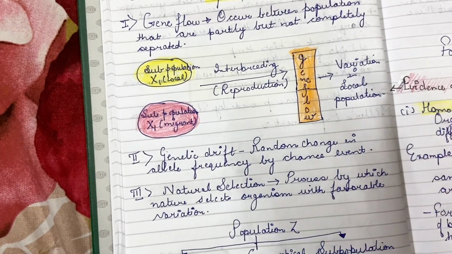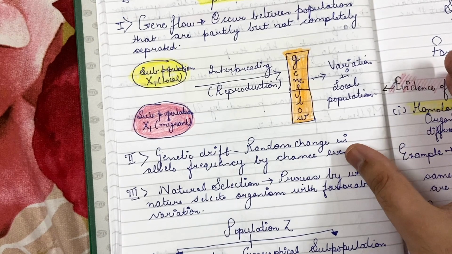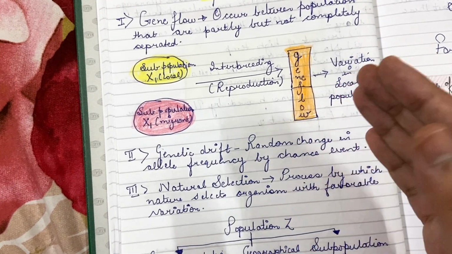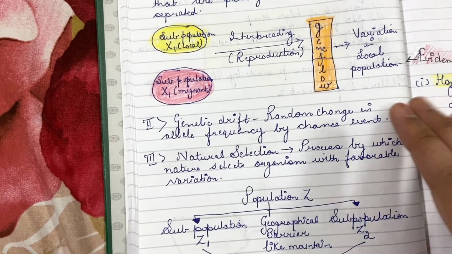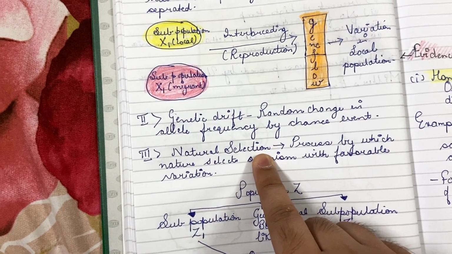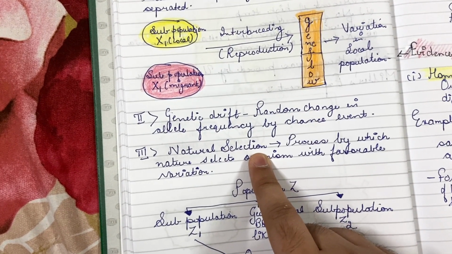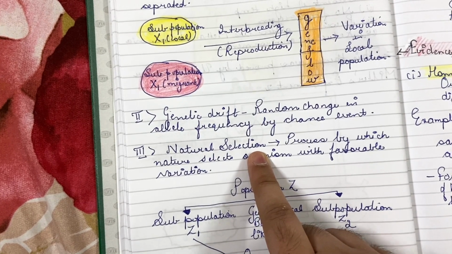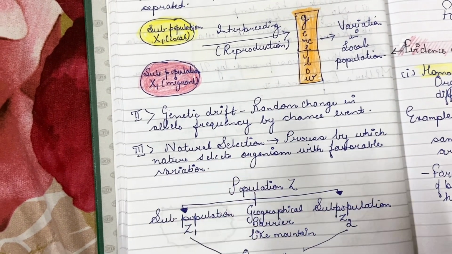So this also leads to formation of a new species, as from the original red species there was formation of a new species which was blue in color. The third factor which leads to speciation is natural selection. This we learned in the first example: nature selects only the fittest individual, only that organism which has favorable variation.